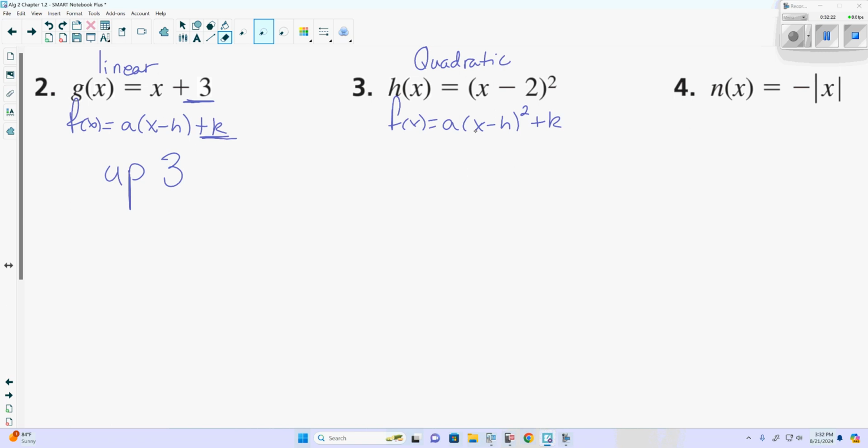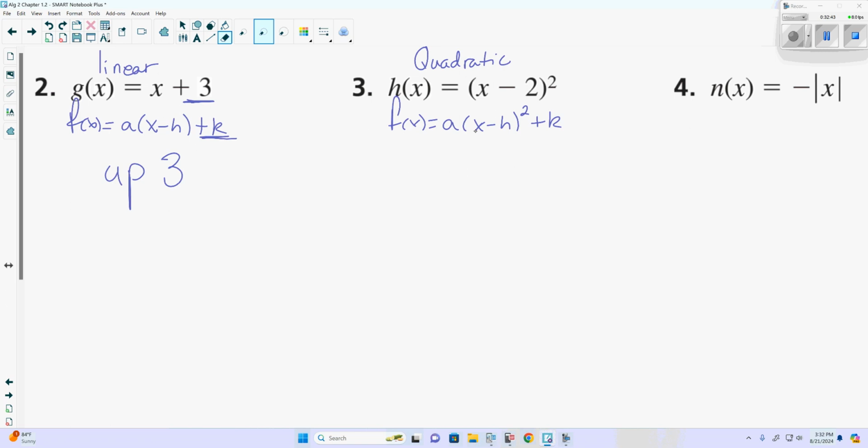No. Technically yes, but no. The power of 2 is what tells us it's quadratic. The value of k technically is 0 in this one. Because we're moving it neither up nor down, it's 0. So we don't write plus 0. So there is no up or down.